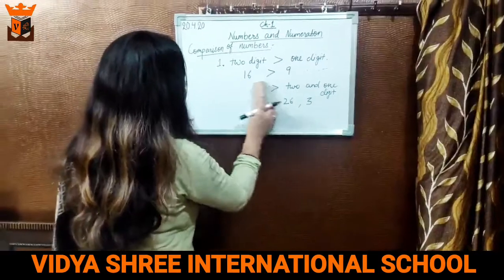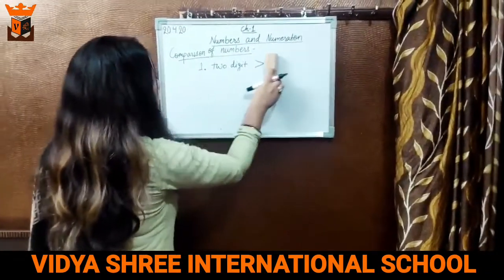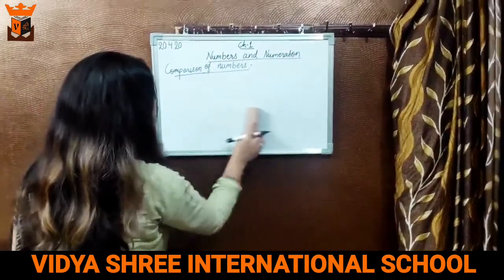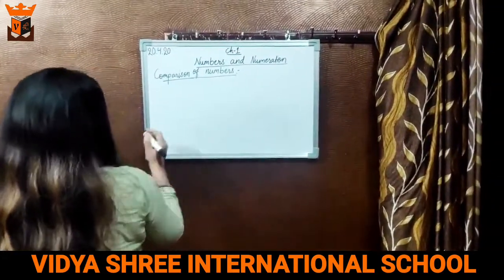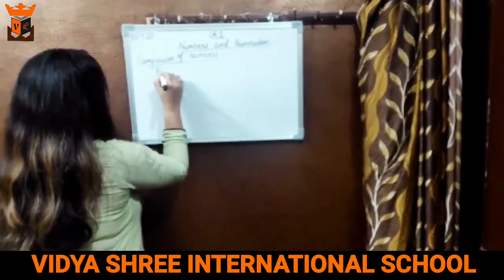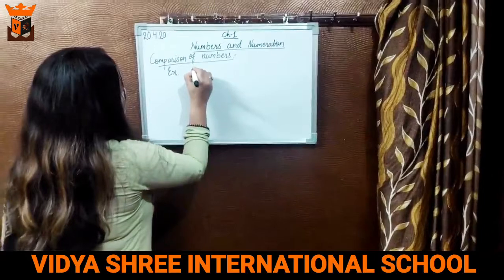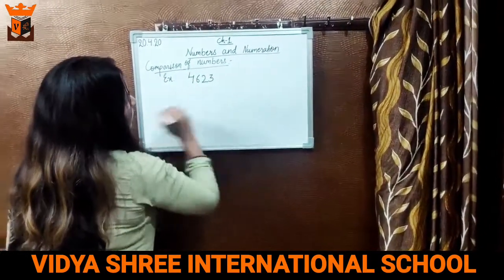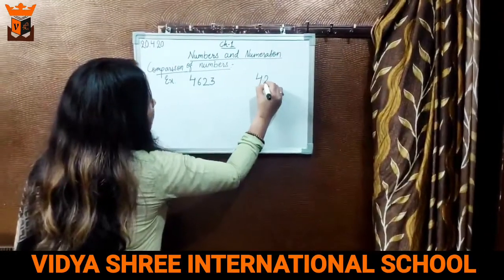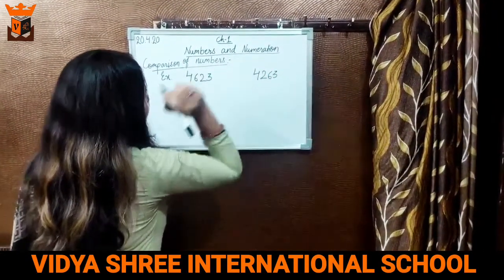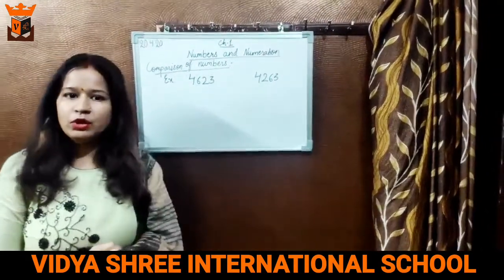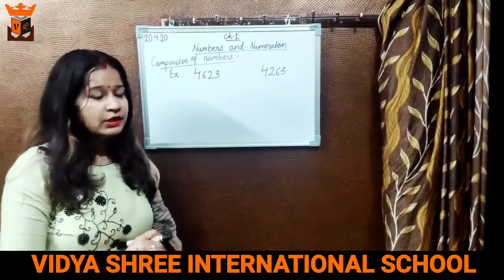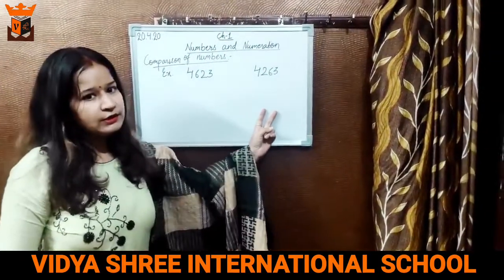The second rule of comparison of two numbers is for when we are given two numbers. Suppose I am taking an example of 4-digit numbers. The two numbers are 4623 and the other number is 4263. Now what do we have to do to compare these two numbers? As you can see, both numbers have 4 digits.